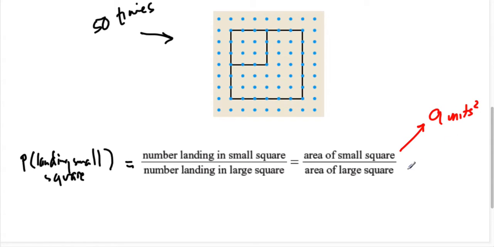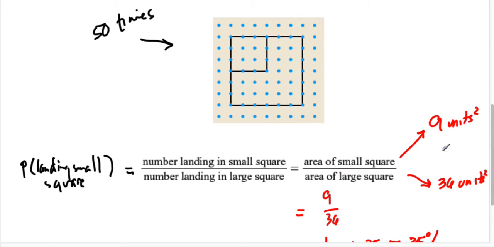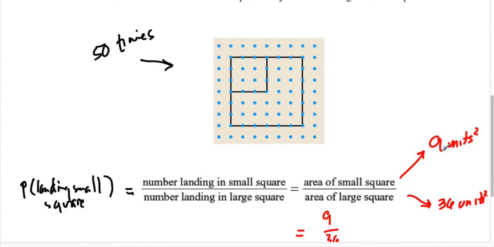The area of the large square would be 6 by 6, and 6 times 6 is 36 square units. So that will be 9 over 36, or 1/4. The probability of it landing in the small square will be 1/4, or 0.25, or 25%.